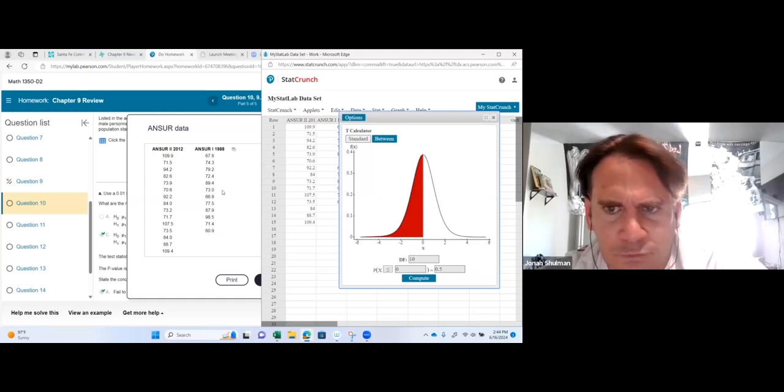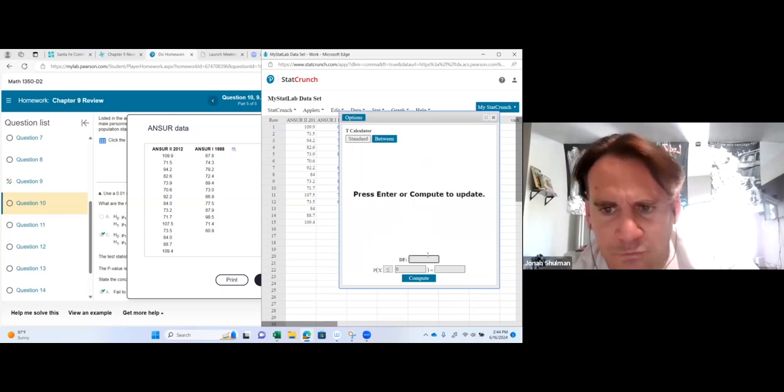We have degrees of freedom of what? 10, 15, and 12. So that's 27 minus 2, that's 25.